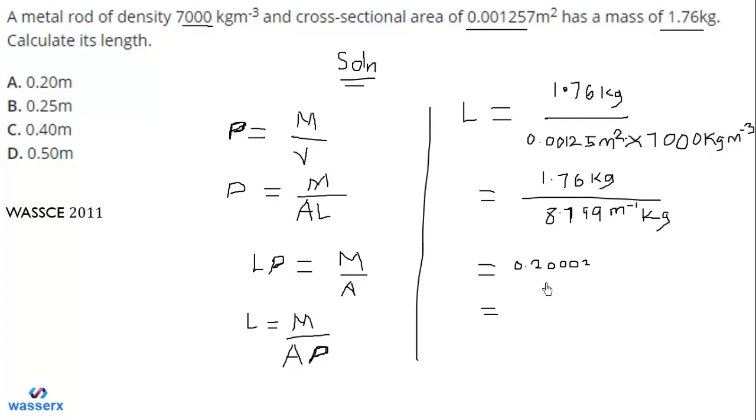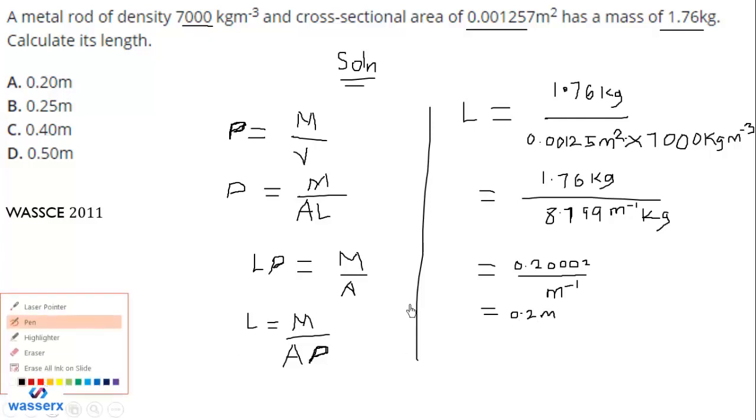Then we have 0.2 over meter cube, that is over per meter. And using the laws of indices, if we multiply both the bottom and the top by meter, we are going to get 0.2 meters.